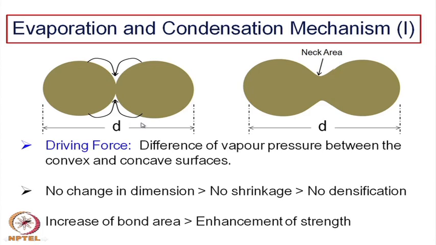So, there will be a vapor pressure gradient, and obviously from the higher pressure the material will try to flow to the lower pressure to equalize them. So, the material transport will go through the gas phase, not through the solid phase.